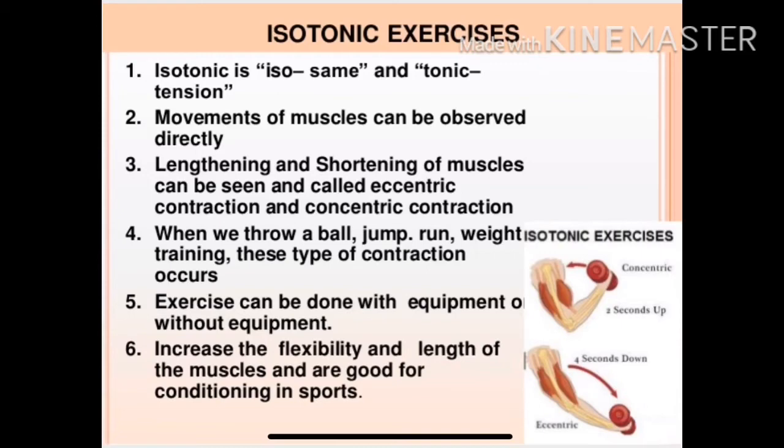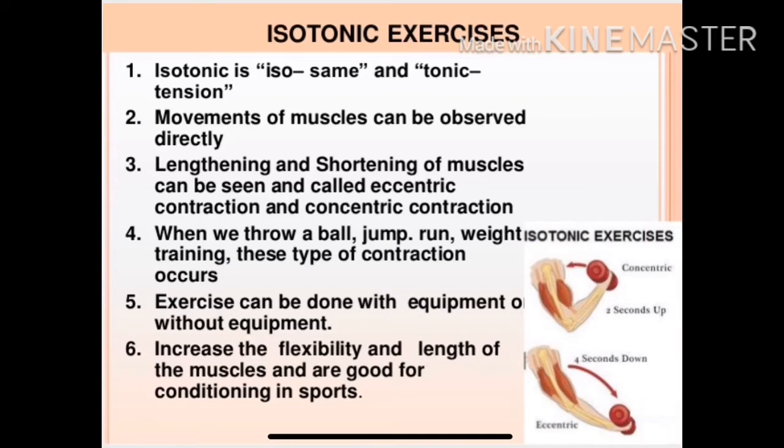When we throw a ball, jump, run, or do weight training, these types of contraction occur. Exercise can be done with equipment, and without equipment it could not be done. It increases the flexibility and length of the muscle and is good for conditioning in sports.